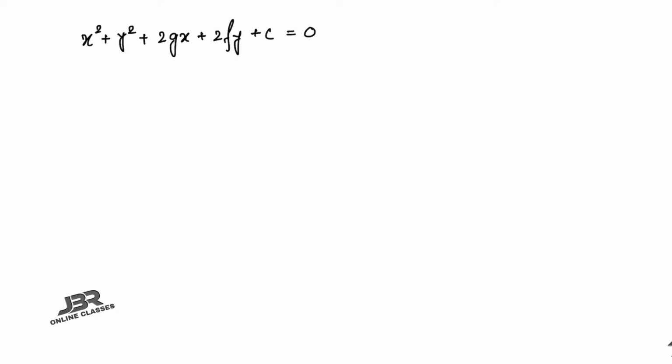This equation represents a circle and it's called the general form of a circle, where g square plus f square minus c is always greater than 0, and here the center of that circle will be (minus g, minus f).